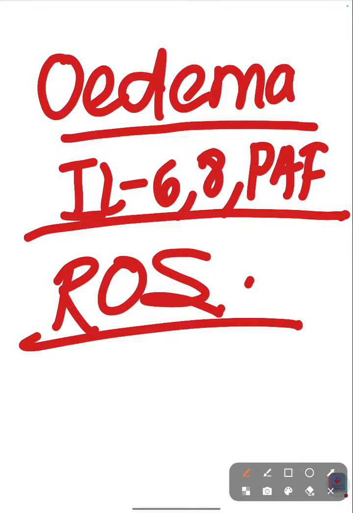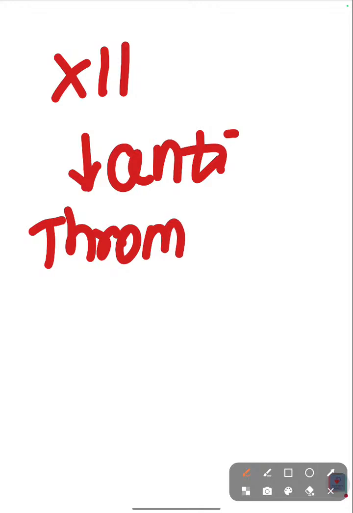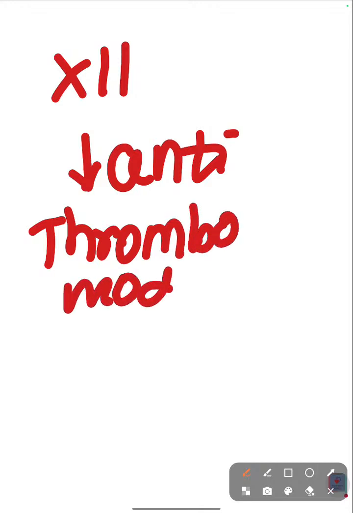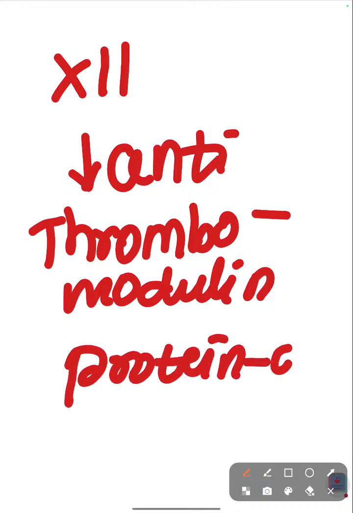Now, activation of the procoagulant pathway. The coagulation pathway is activated by decreased production of anticoagulant factors by endothelial cells such as thrombomodulin and protein C. These are anticoagulants, but their release is suppressed by the microbial products.